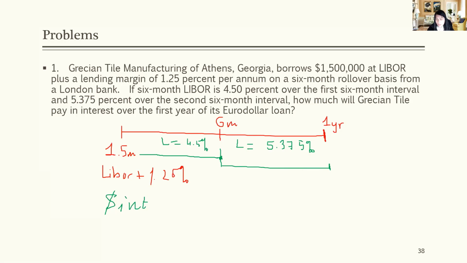So here, this is going to be 1.5 again. The interest that I am paying on this loan over the year is going to be the interest on the first loan plus the interest on the second loan.